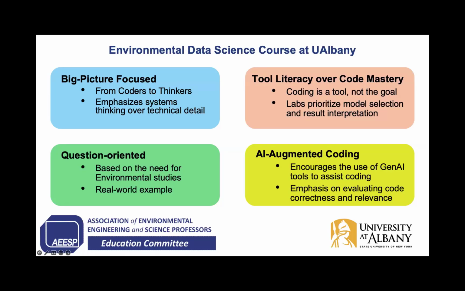So the goal is not to turn the students from a single class into statisticians or programmers, but to help them understand the basic logic of the different statistical and machine learning tools and think critically with data and AI tools.